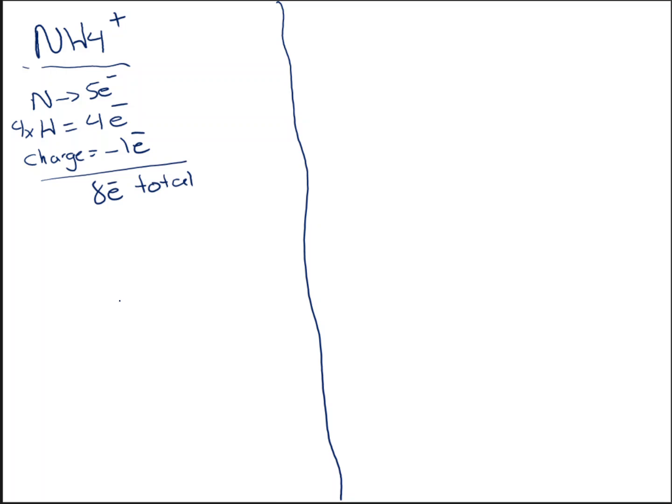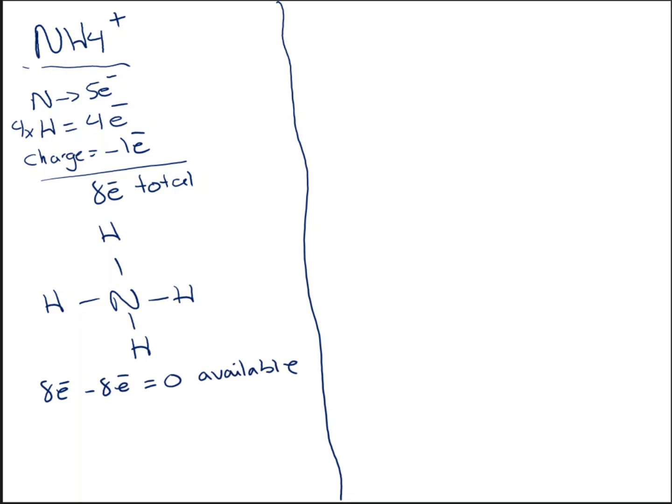Now we do the skeleton between nitrogen and 4 hydrogens. And by doing this, let's see how many electrons we use. 2, 4, 6, 8. So we have 0 electrons available. Let's see how many electrons are required to make the octet.